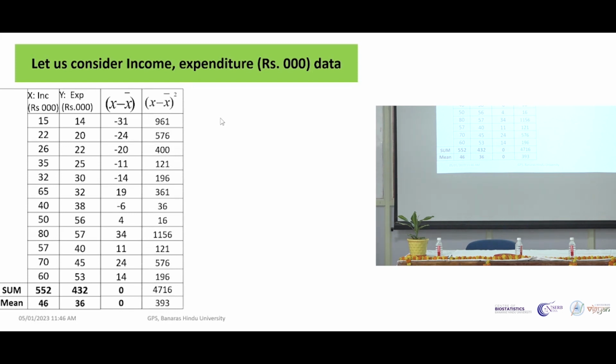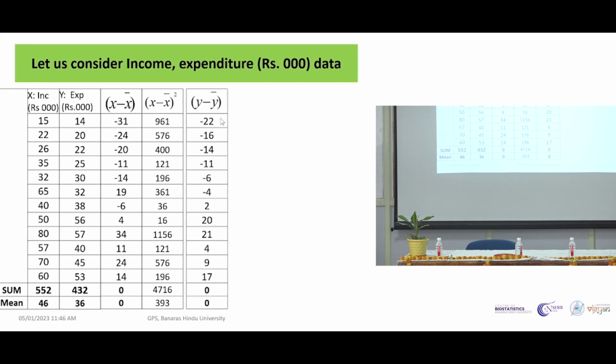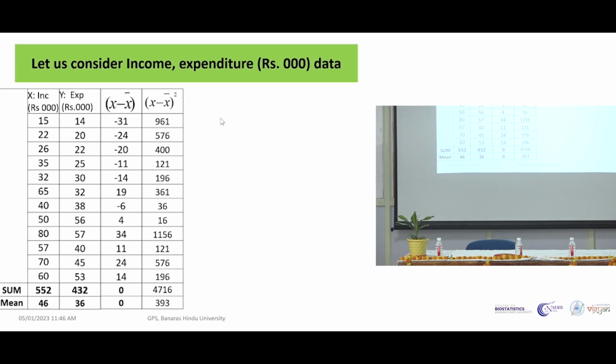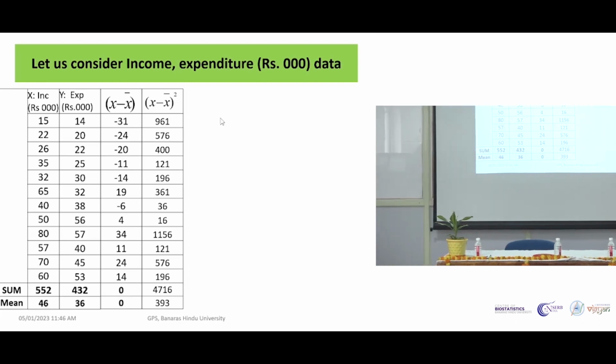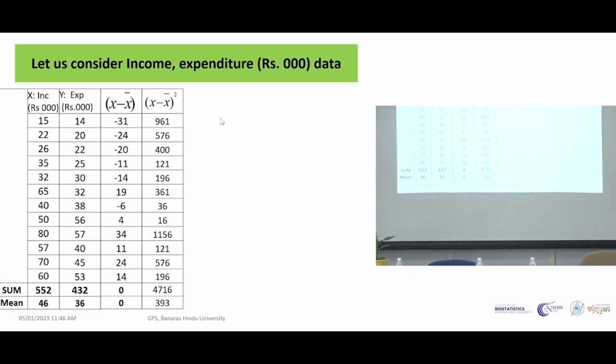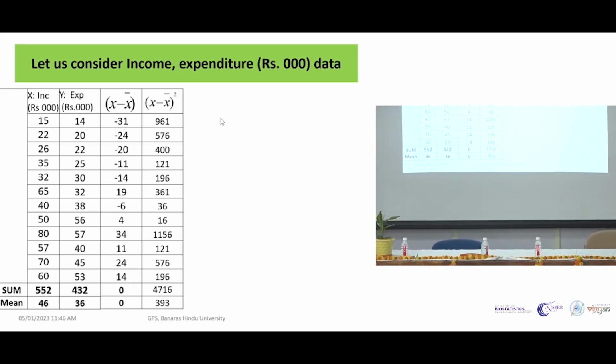So what is this one? It is variance. And why do we go for that one? What was the need for squaring it?